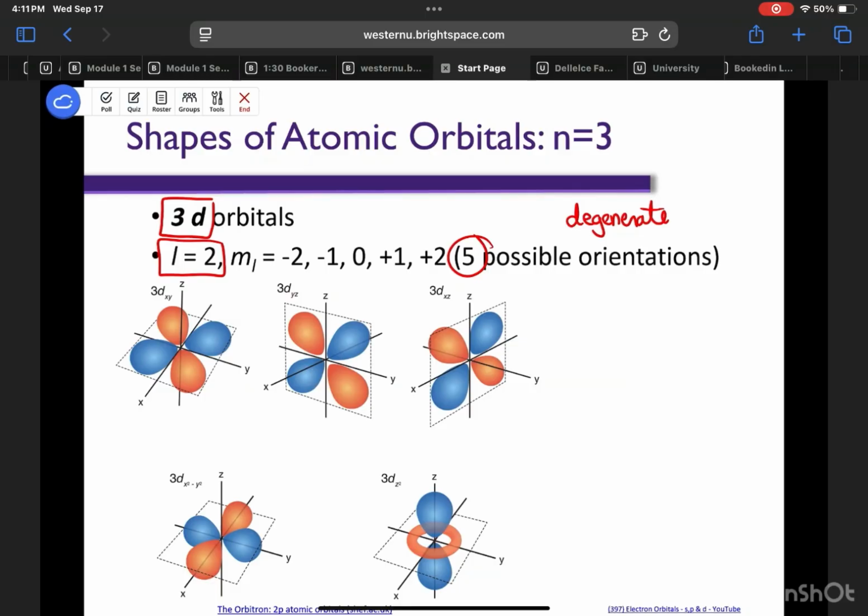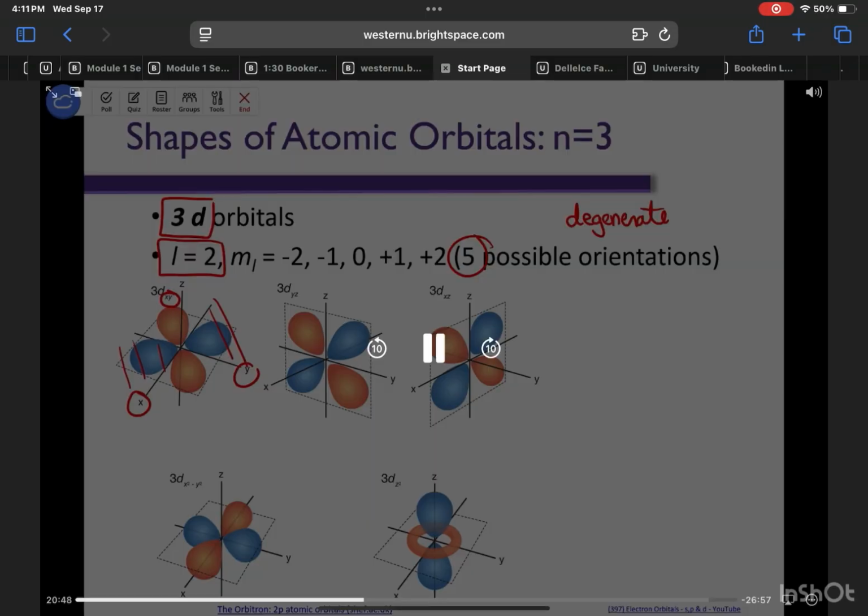Now this one, the subscript there tells you the plane that the lobes lie on. So now this is a 3d orbital. It has 4 lobes, but this makes up one orbital. The 3d xy orbital, that subscript, tells you that it lies along the xy plane.